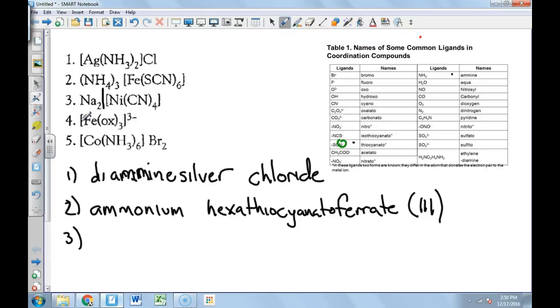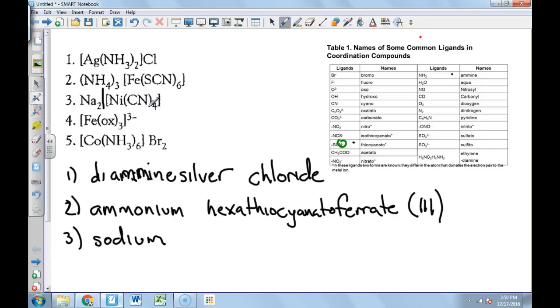Just like sodium chloride, this half over here is sodium, and that's it. No sodiumate, no Latin, because nothing changes about the metals when it's on the cation side, or the positive side. And now we have the negative side here.